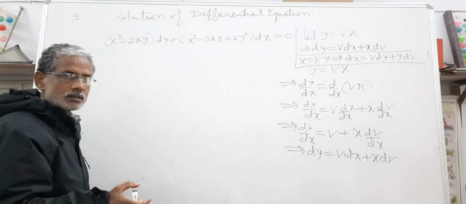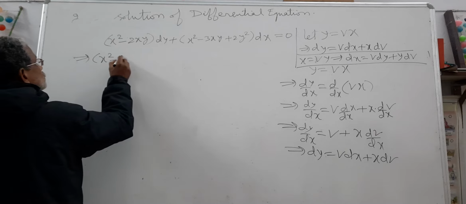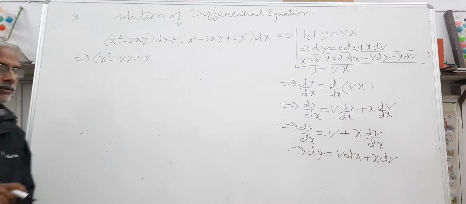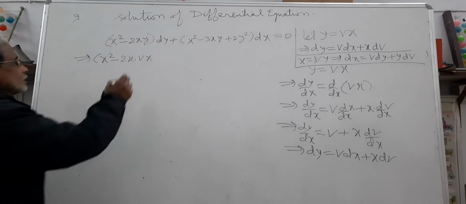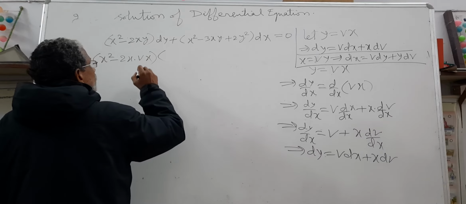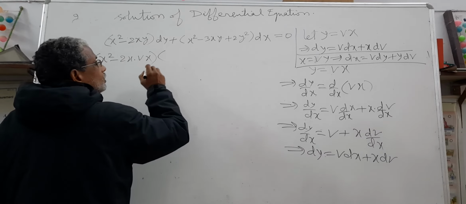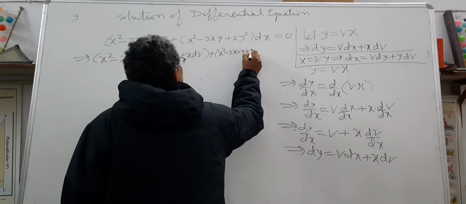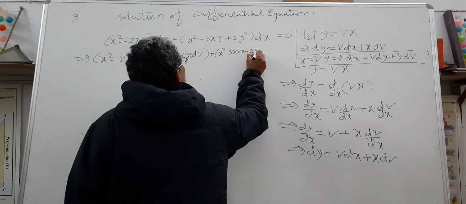This implies x square minus 2x into Vx. In place of y, we will write Vx, into, in place of dy, we will write V dx plus x dv, plus x square minus 3x Vx plus 2 V square x square dx is equal to 0.